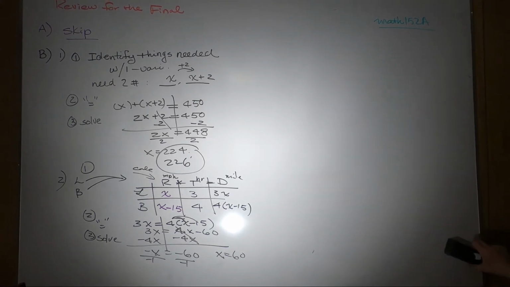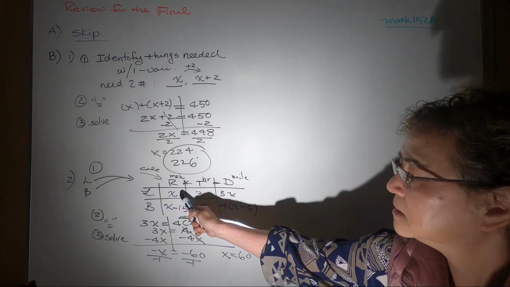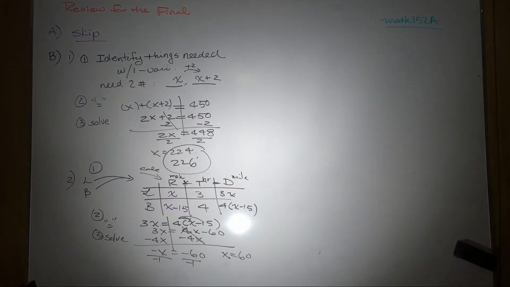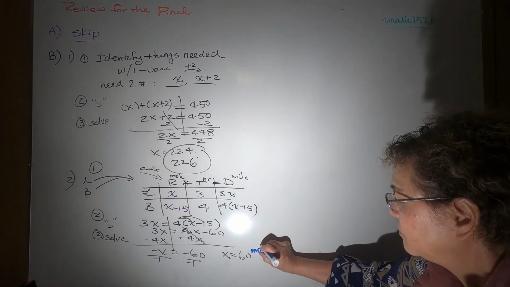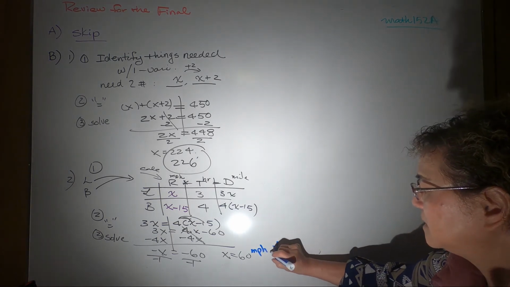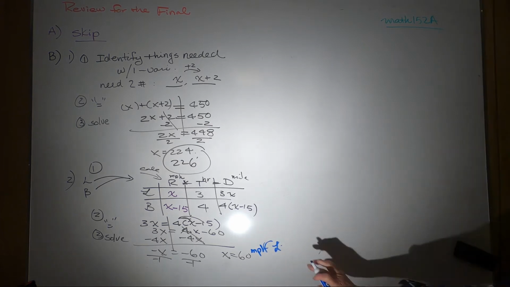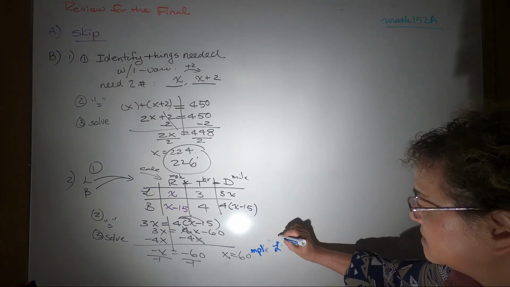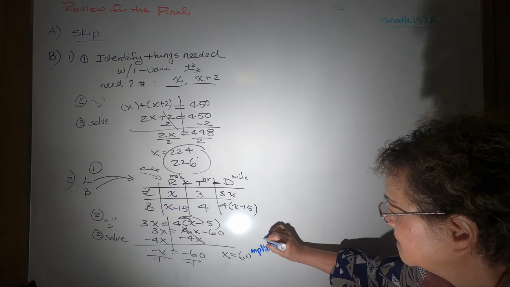Then you look back. What's your x? Speed of Lowenda, right? That would be miles per hour for Lowenda, right? Then what's Betty's speed?